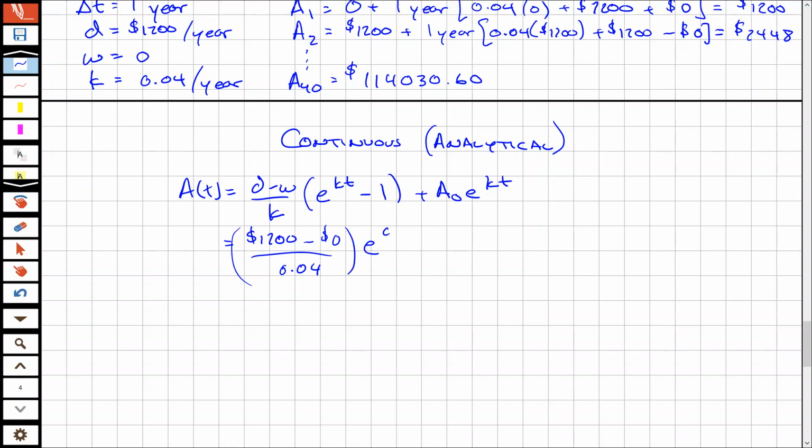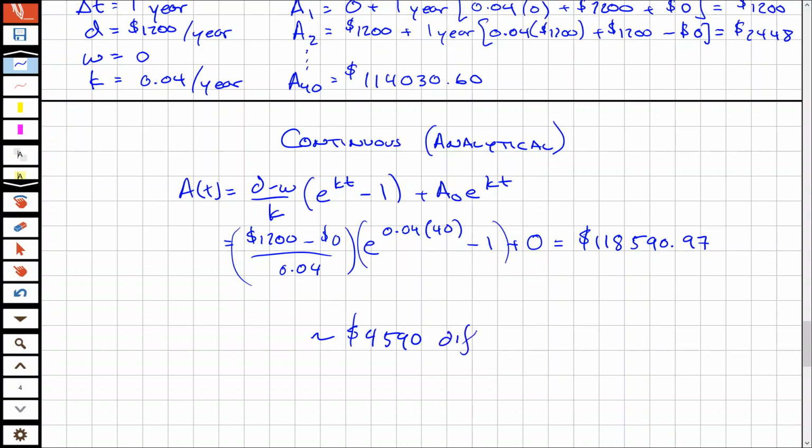Then we say e to the 0.04 times, and my t is 40 years, minus 1, sorry, this is all in brackets, and then plus, again, my a naught is 0, so this is just plus 0, and we get $118,590.97. So it's approximately a $4,590 difference.